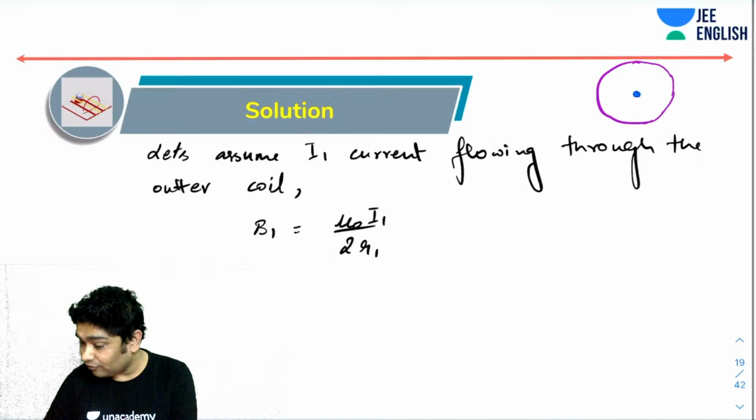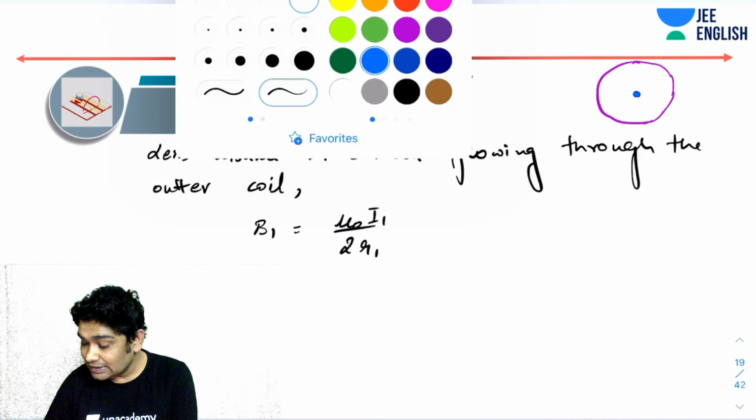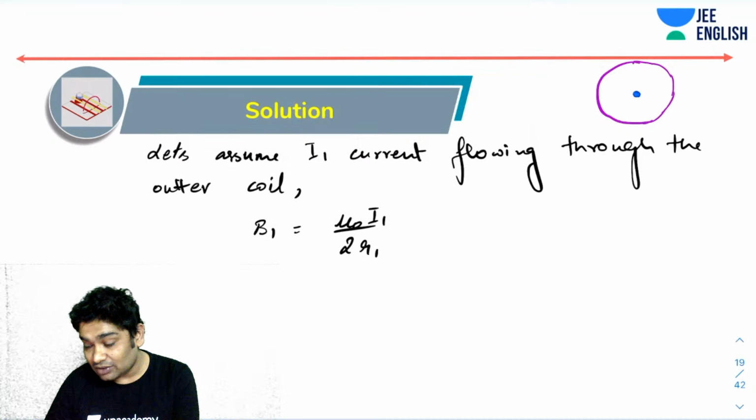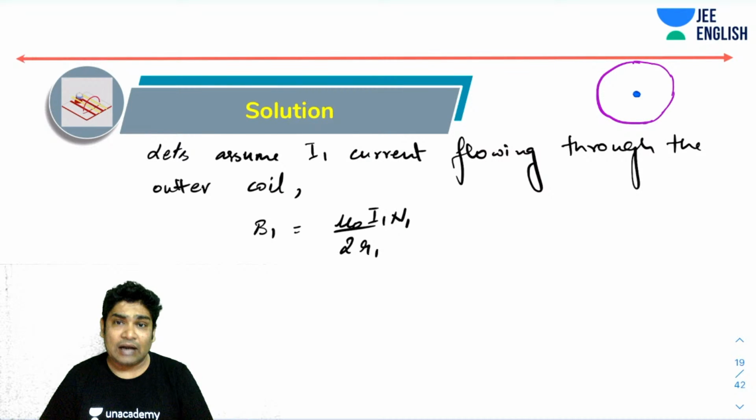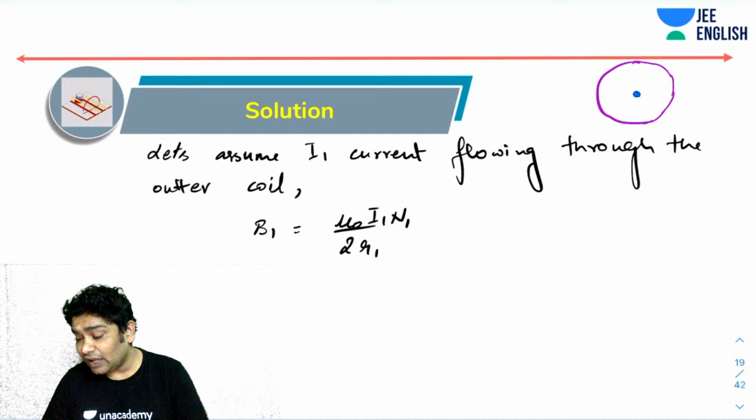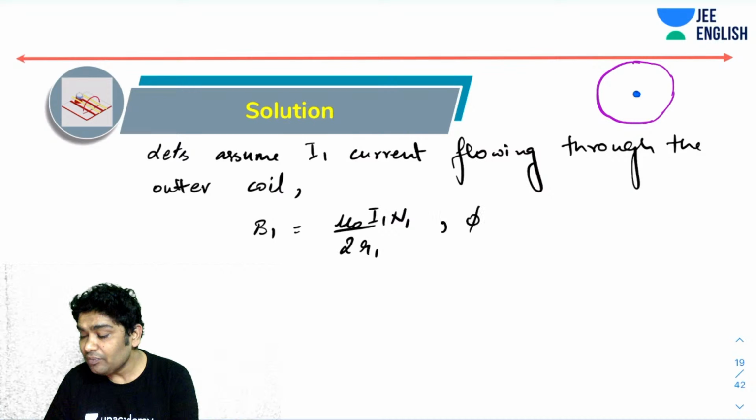Here I forgot to multiply N1, which I definitely must. Since there is not one turn in this coil but N1 turns, we needed to multiply with N1 also. Now, once I've calculated the magnetic field passing through the inner coil, the flux linked to the inner coil is easy to see. What will be phi 2?